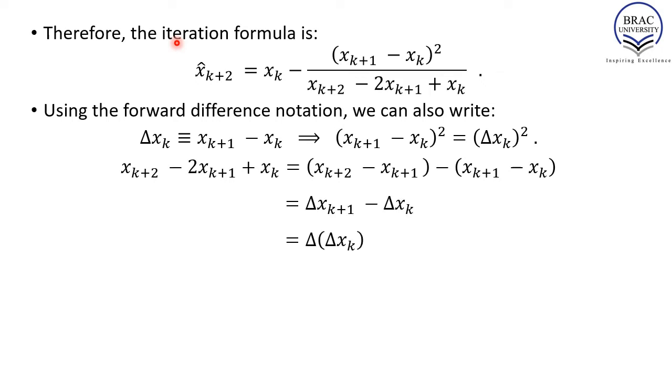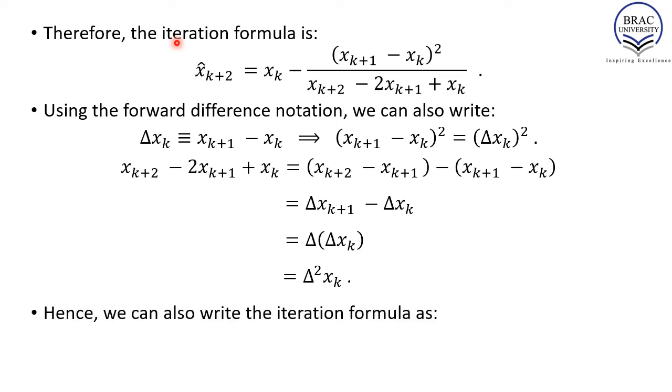Sometimes we use the delta notation in many textbooks or also in some lectures; you can find it quite often. So in this delta notation, we can write the iteration formula as x_{k+2} hat equals x_k minus (delta x_k) whole square divided by delta squared of x_k. That is a simplified notation, but actually that is the equation that we are going to use here.